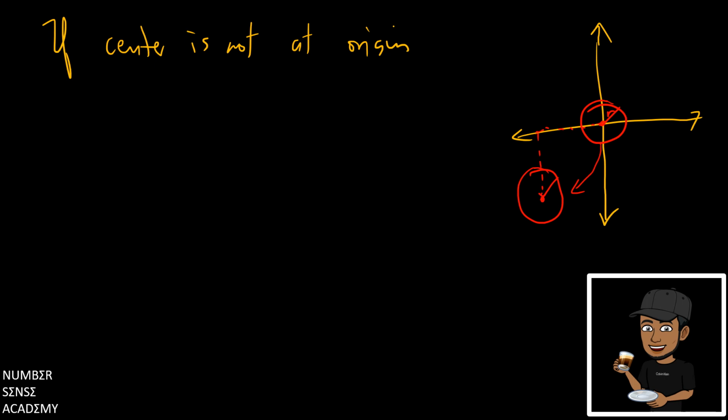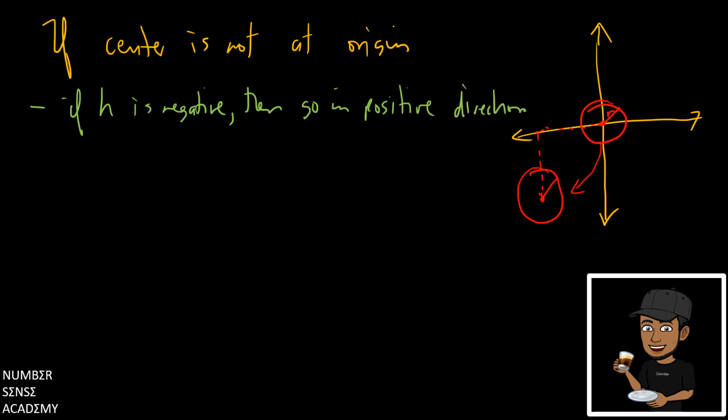So I took the origin, I moved it in the direction of x, and then I moved it in the direction of y. So here are some rules for you to figure out, if you're doing a translation of circles or you get an equation in x minus h squared plus y minus k squared equals r squared format, then these four things will help. So one, if h is negative, then go in the positive direction of x.